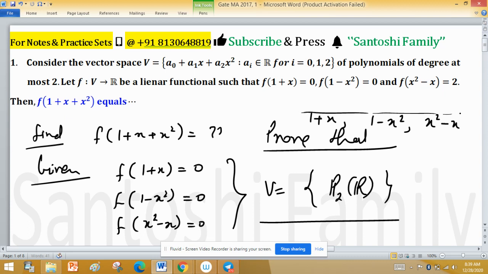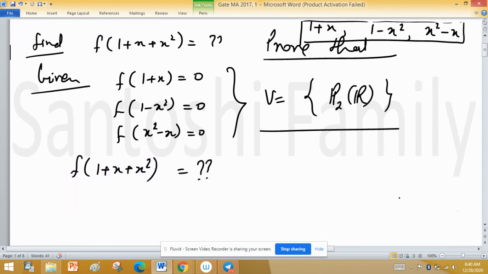There is no need to check whether they are linearly independent or dependent. In a time-bound exam, when a question of this type asks for the image of a particular domain point, consider these linearly independent. But here I am going to show whether these are linearly independent or not.